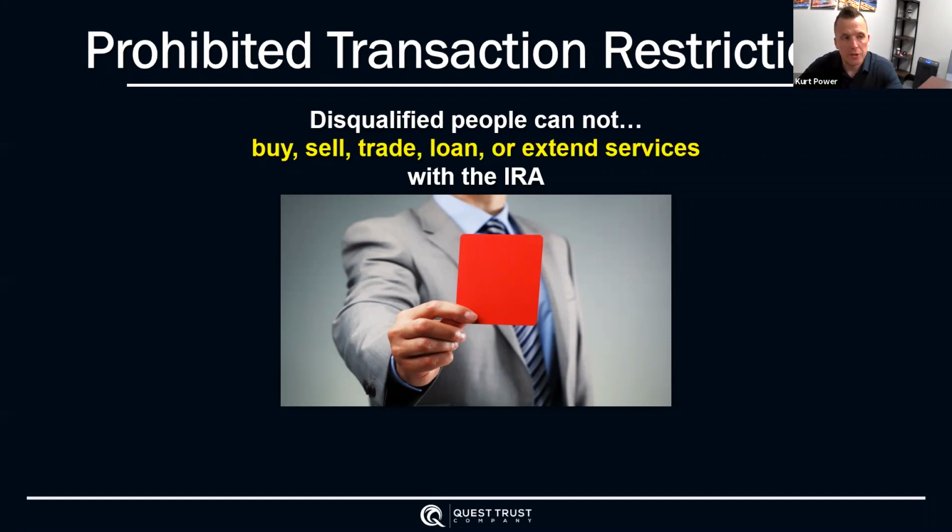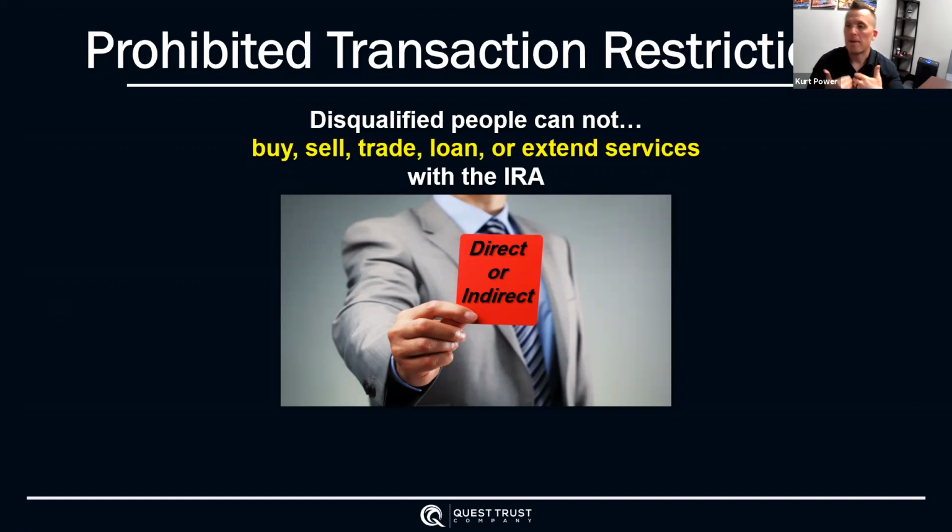Disqualified people cannot do or engage in what are called prohibited transactions. You cannot buy, sell, trade, loan, extend services, or receive a direct or indirect benefit from the IRA. So what does that mean? My IRA can't go buy a house and then I live in it.